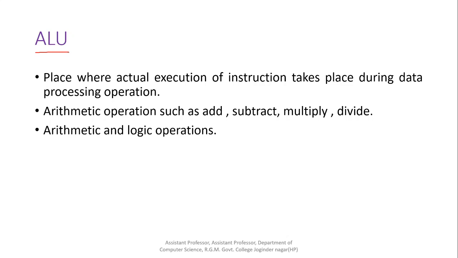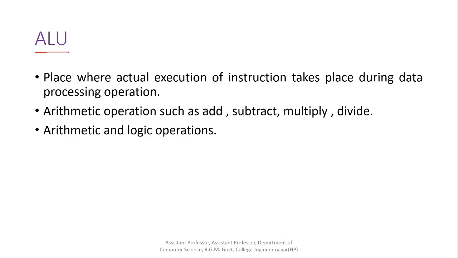When the control unit encounters an instruction that involves arithmetic operations such as addition, subtraction, multiplication, division, or logical operations such as less than, equal to, or greater than, equal to, then it passes the control to the arithmetic logic unit.